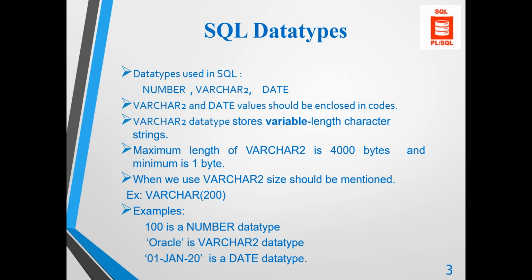Example, varchar2 of 200. It means that the string can be from 1 byte to 200 bytes. It can be 1 byte, 10, 15, 18 and so on, but the maximum should be 200 bytes only. So we can see example of a number data type can be 100 or any numeric value, and varchar2 should be a string, and the date data type should contain a date.